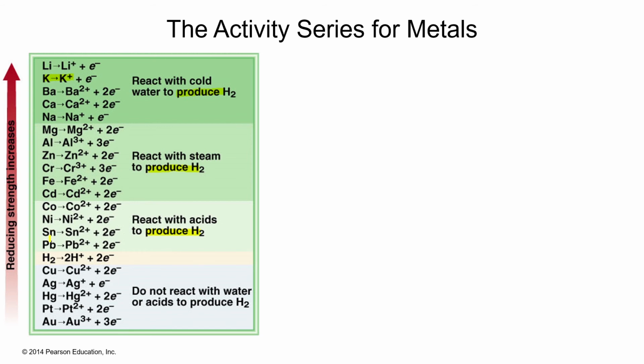Those that are farther down on the table, let's say for example nickel, have less of a tendency to become oxidized, in other words, to give away electrons, than potassium does. So the activity of a metal, in a manner of speaking, is how easily we can take electrons from that metal, or how easily it will donate electrons to the other species, the other reactant.